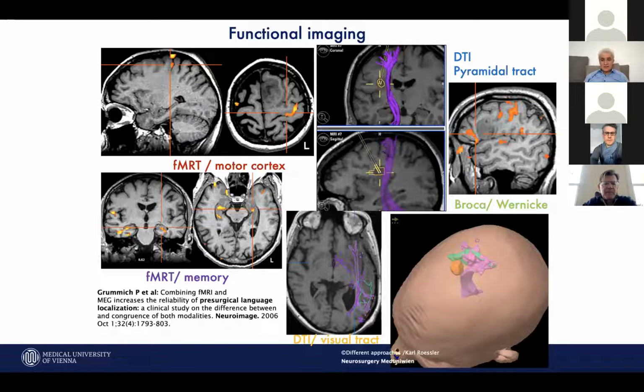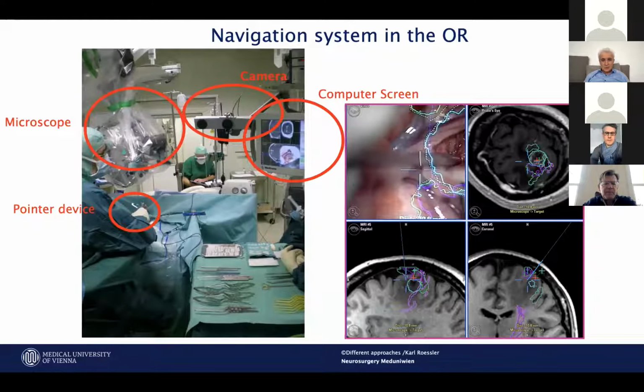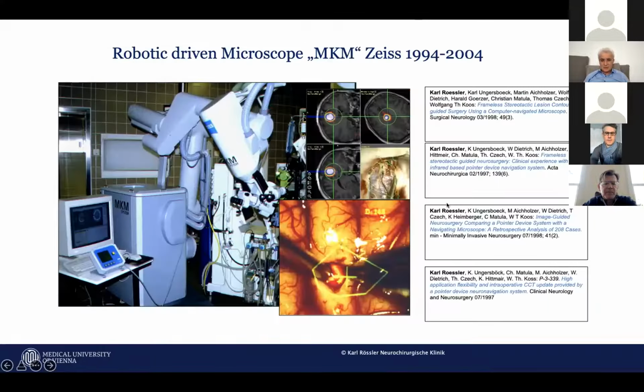Of course, if you do these large en bloc resections, you have to know where the functional areas are, so you have to have a good cooperation with your neuroradiologist to get these functional cortical and tract anatomical images, which we normally use in our navigation systems to segment either the functional area and also the lesion, and project it onto the cortical surface during the surgery to find the pathology and also to spare the functional area.